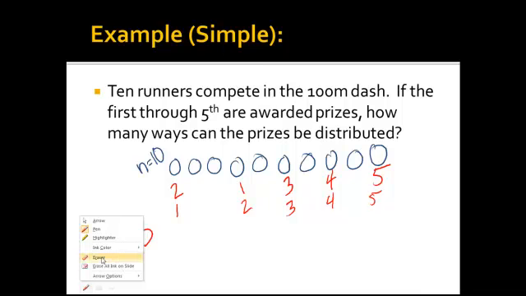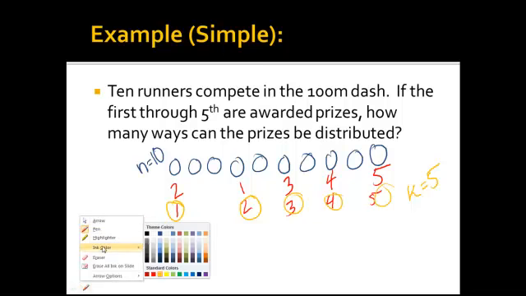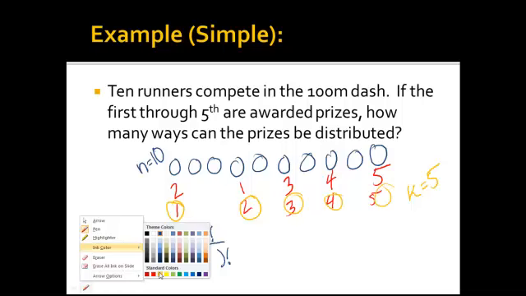And I'm making 5 selections. So now I plug in 10 and 5 everywhere in the formula. What I'd have here is 10 factorial divided by 10 minus 5 factorial.